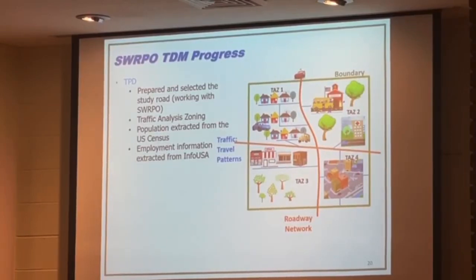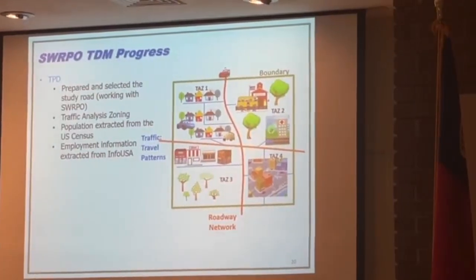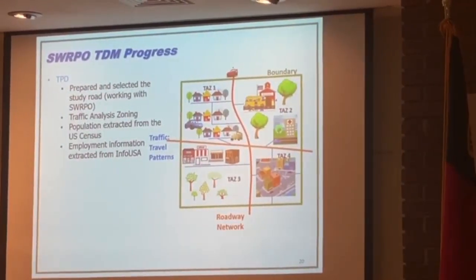So all of them are homogeneous in some way. We also extracted the population from the United States Census for year 2020, and based on the certificates of occupancy, we adjusted those numbers for year 2021. We also got the employment information from InfoUSA. InfoUSA is a very useful resource that we've used for the past 10 years. So far, this is all the work that we have done.